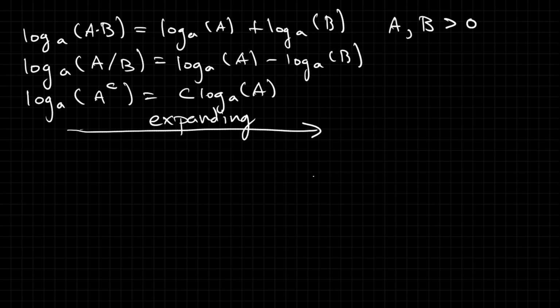And when you take something from the right and make it look like something on the left, then we call that combining logarithms. Each is useful in their own separate applications. Sometimes it's useful to expand, sometimes it's useful to combine. So you need to know how to do both. But when it says expand, you move from left to right.